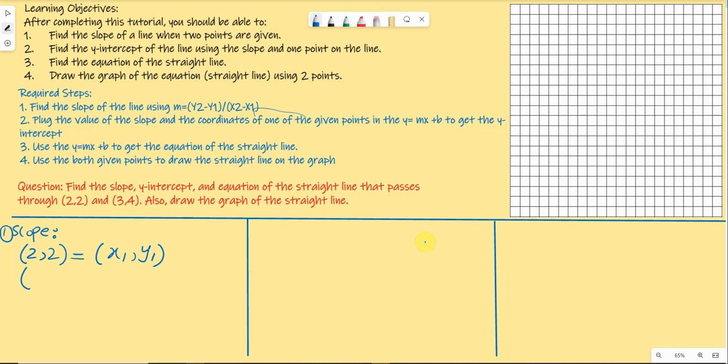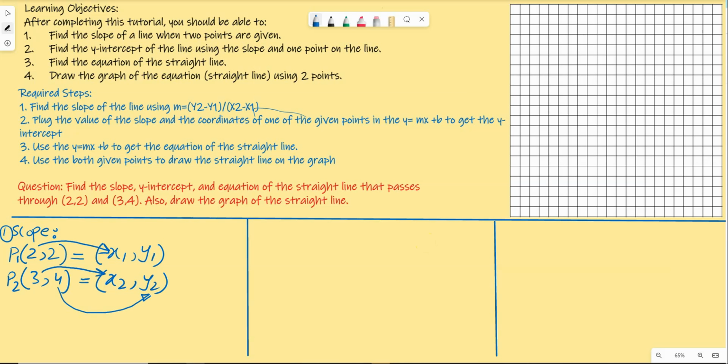And the second point is (3, 4). So again we are assuming 3 is our x2 and this 4 is our y2. This is our first point and this is our second point.